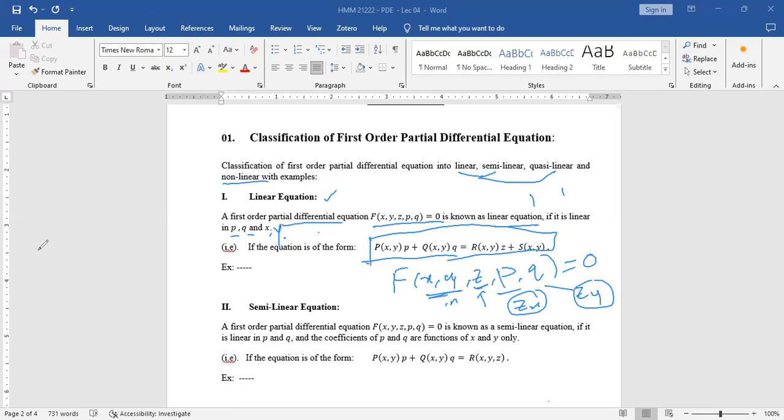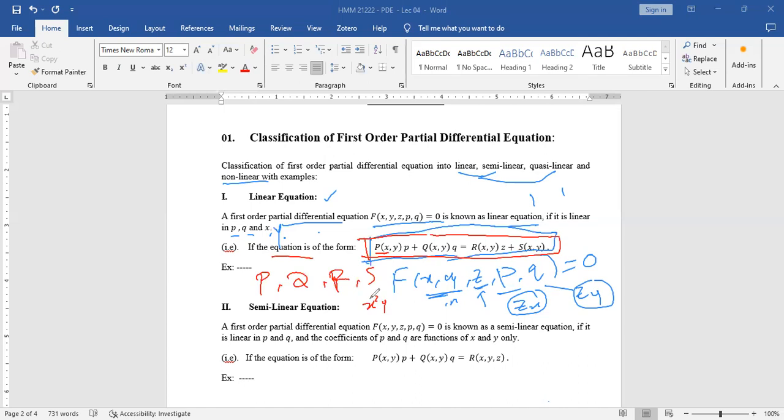This is the proper form of the linear equation, where capital P, capital Q, R, S are functions of the variables x and y, for example x squared y.